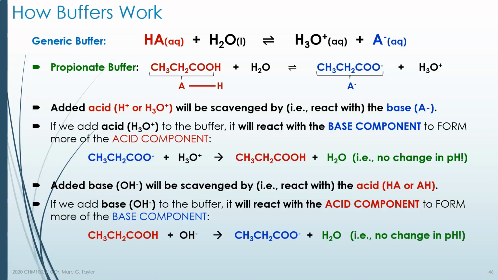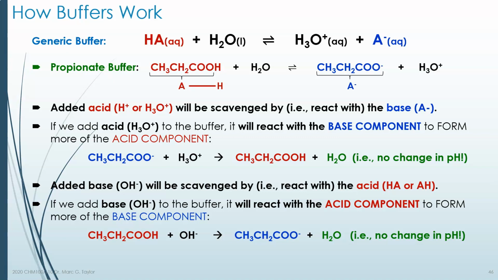It will remove a proton from the acid component in red and form the base component in blue. And look what happens to the hydroxide. Well, the hydroxide is also turned into simple water in the process. It's gaining an H plus. It becomes H2O. So again, no change in pH if you have these two buffer components, the weak acid, which scavenges base, and the weak base, which scavenges acid.